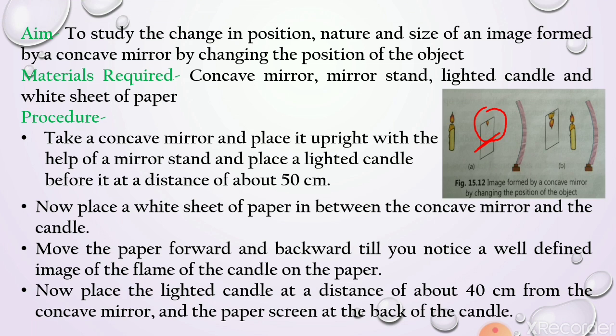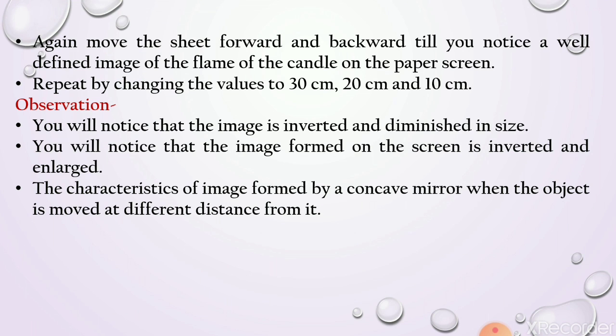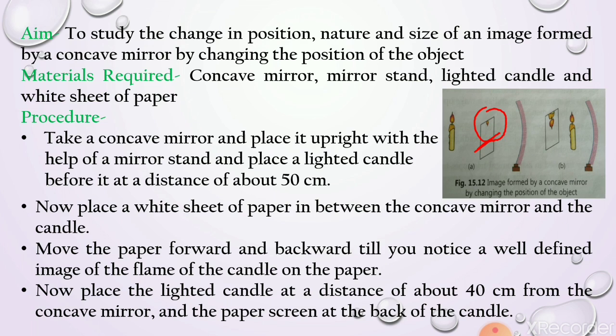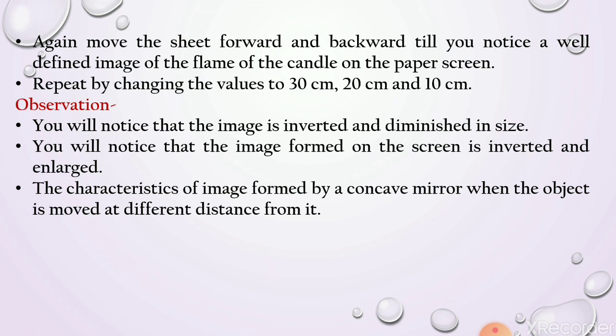Okay, and in the second case, we can notice that the image formed on the screen is inverted and enlarged. So you can also see in the second case the image of the candle flame is inverted and enlarged. Enlarged means bigger in size.